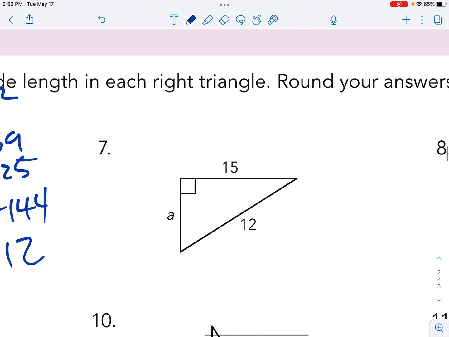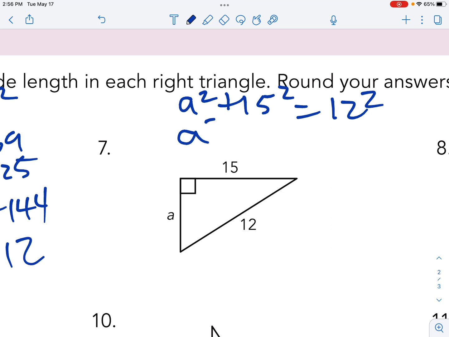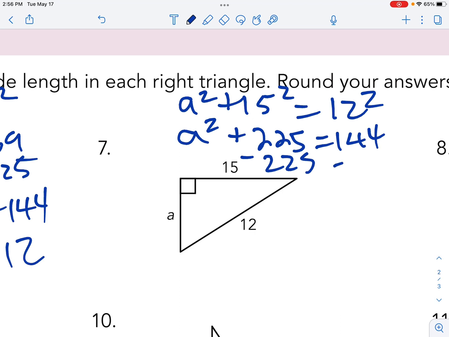For here, I get a squared plus 15 squared equals 12 squared. A squared plus 225 equals 144. I subtract 225 from both sides.